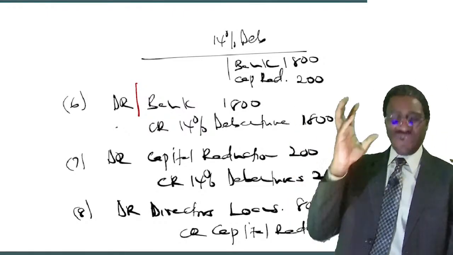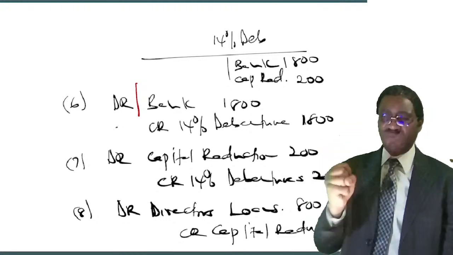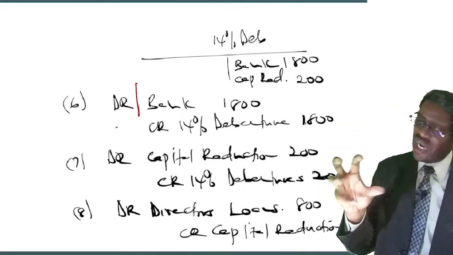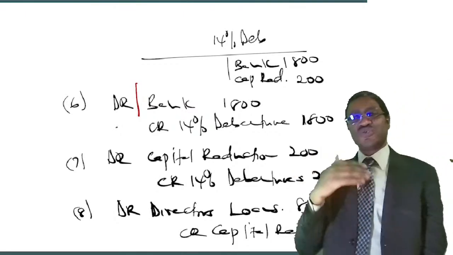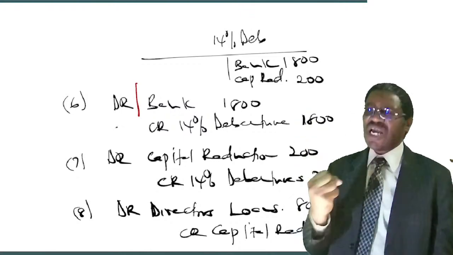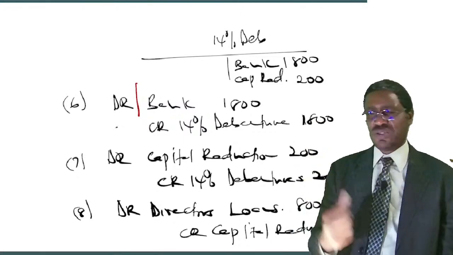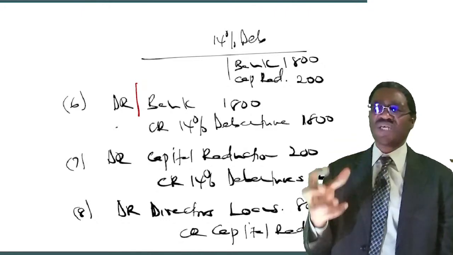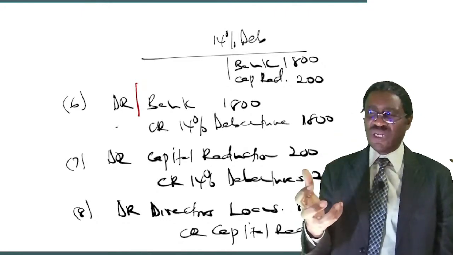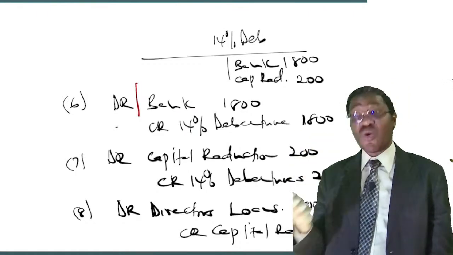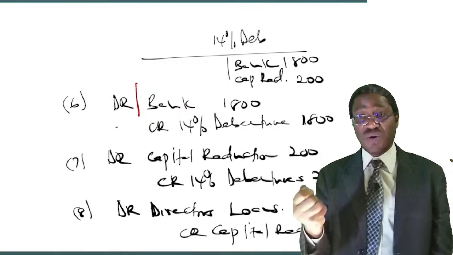The nominal account must be maintained at nominal amount, whether it's share capital or share premium. So for this, we had to ensure that the debenture account carries a nominal of 2 million. Though we received 1.8, the debenture account had to carry a nominal of 2 million. So we had to credit debenture again by 200,000, which is the discount.